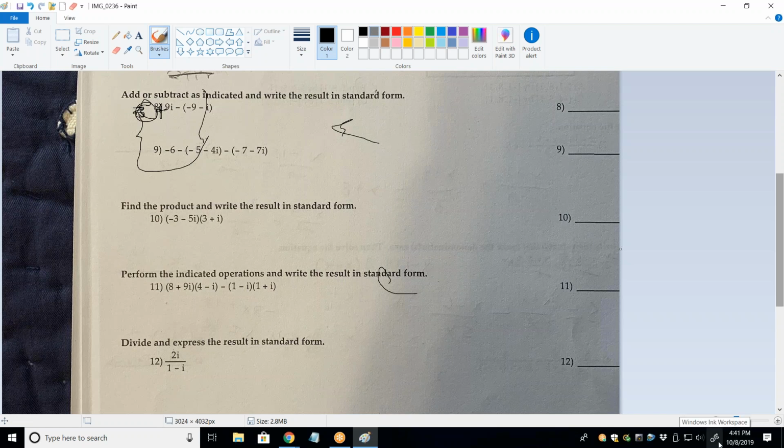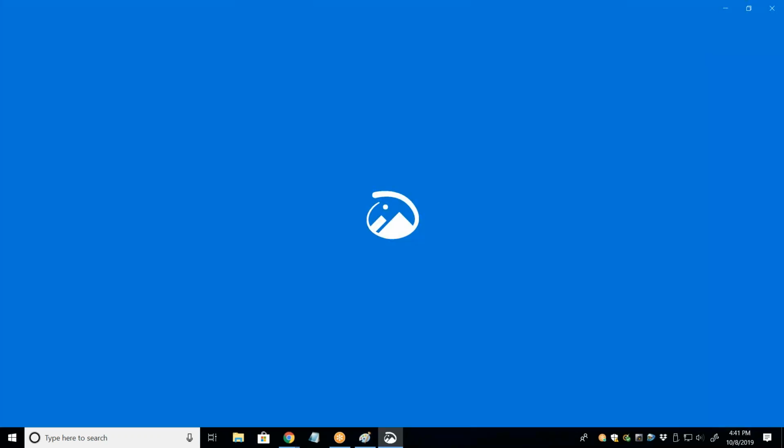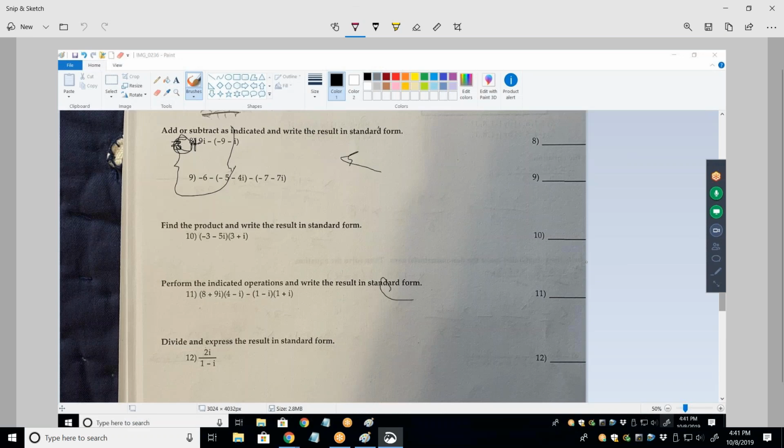In other words, adding, subtracting, multiplying, just treat the i like you would any other variable. So that first part is going to be 9. What's the rest of it? No. In other words, here's what we're looking at.